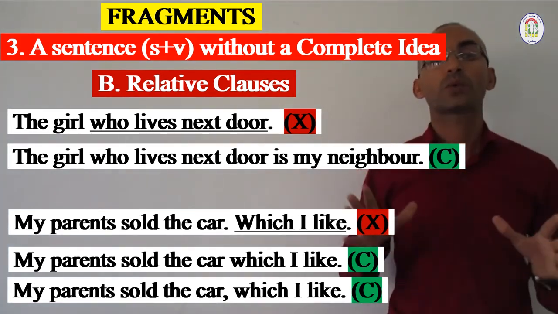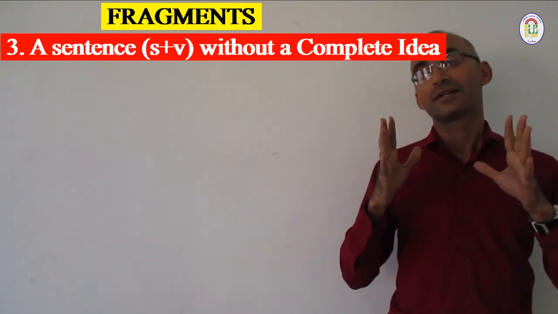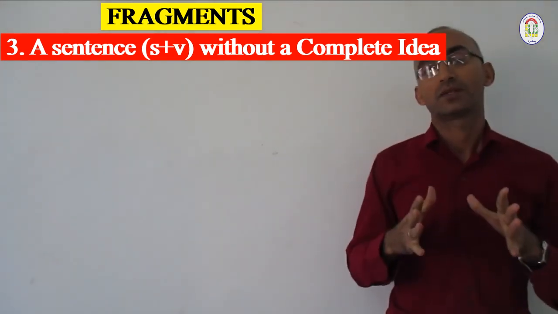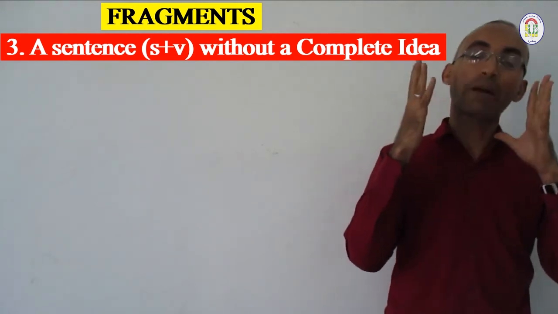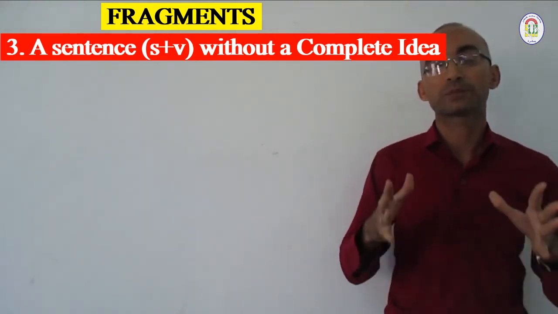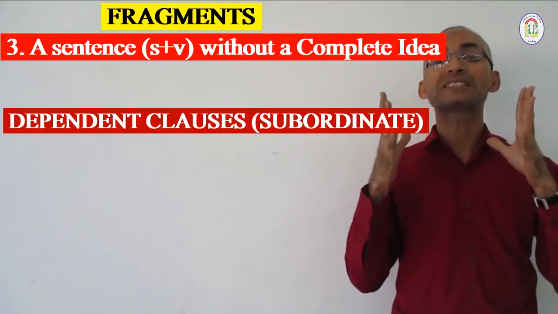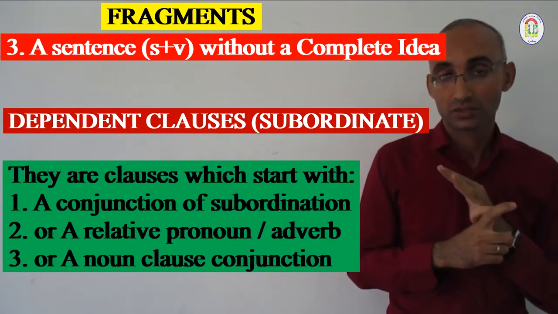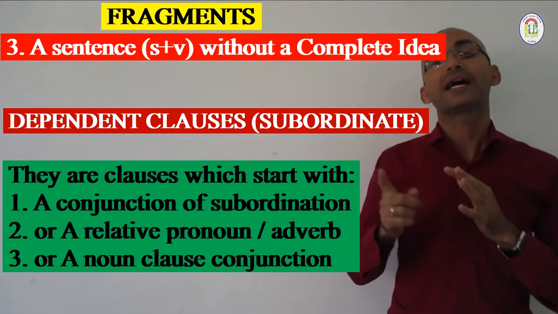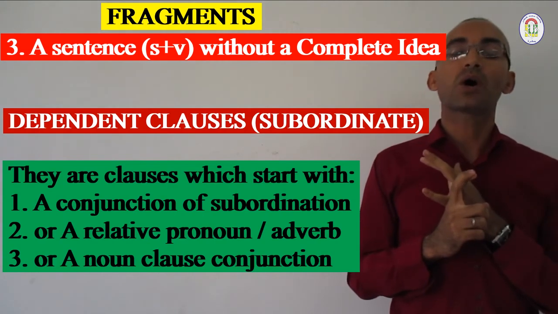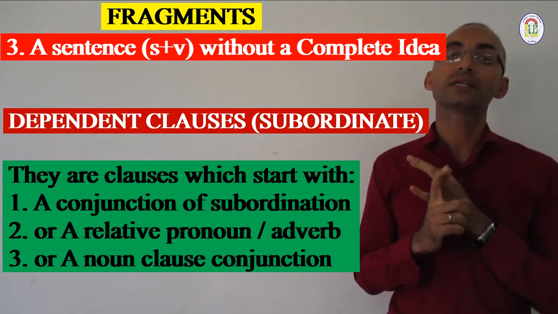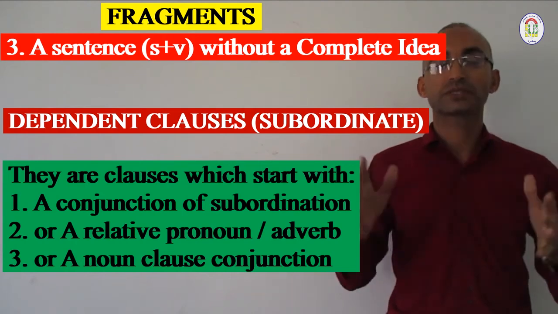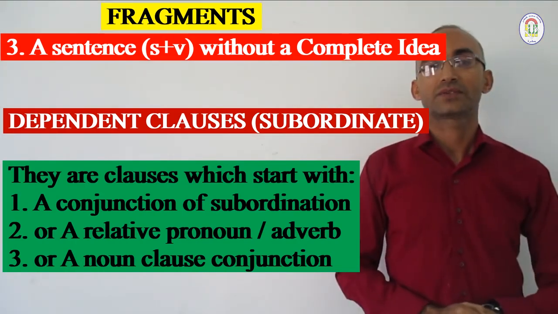So usually when we speak about fragments with incomplete meaning, although they contain a subject and predicate, we are speaking about dependent clauses which start with a conjunction of subordination, mostly, and also a relative pronoun or adverb, in most cases. Good.